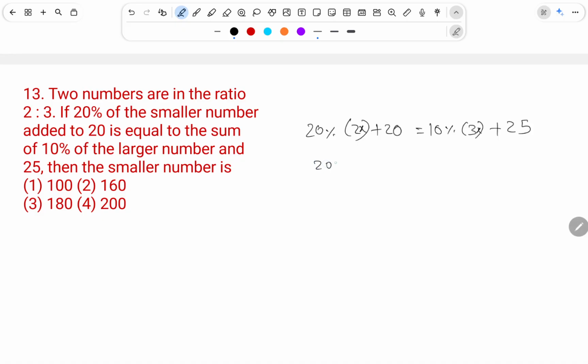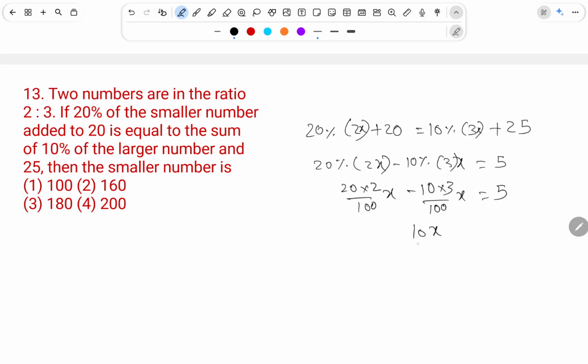So 20% of 2x minus 10% of 3x will give 5. 20 into 2 by 100x minus 10 into 3 by 100x is equal to 5. 40 by 100 minus 30 by 100 gives 10x by 100 equal to 5.